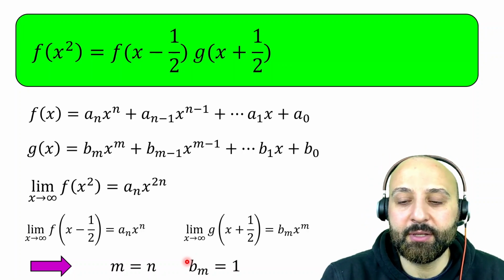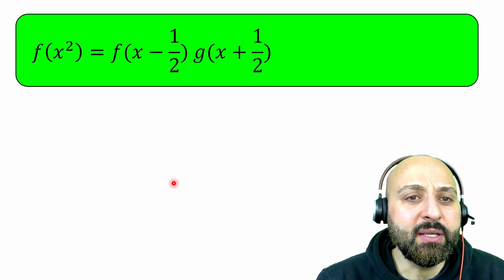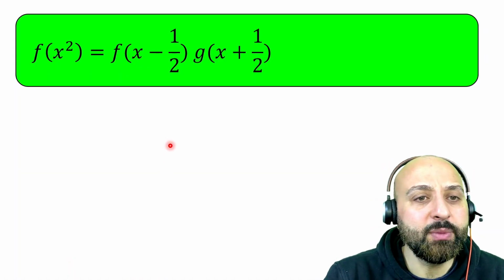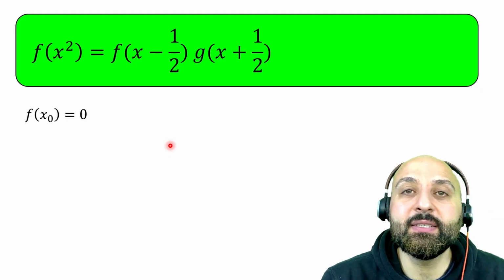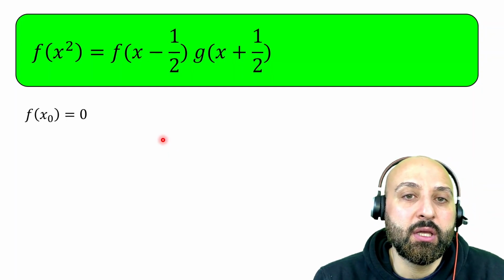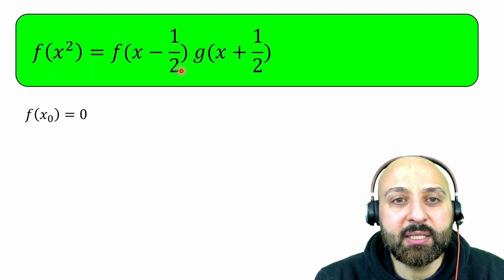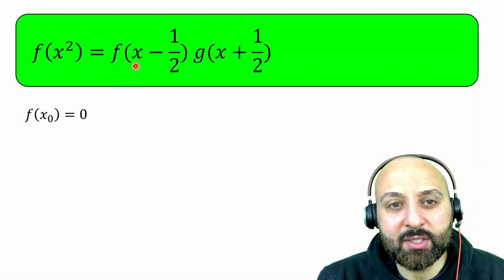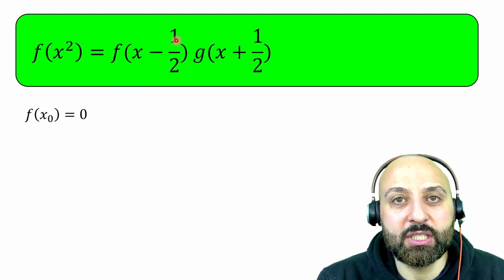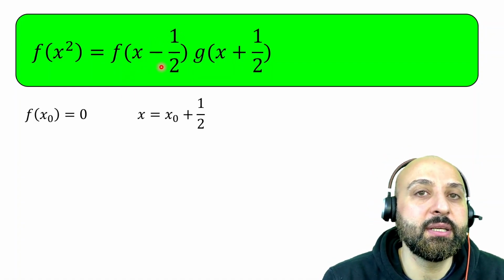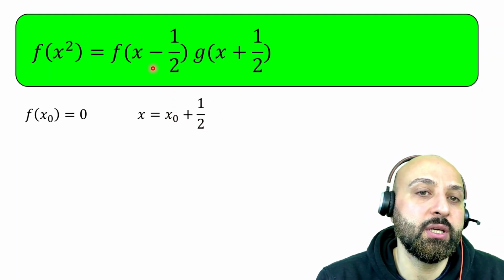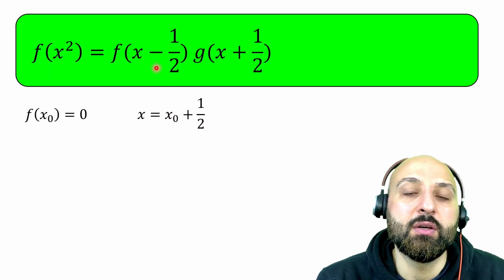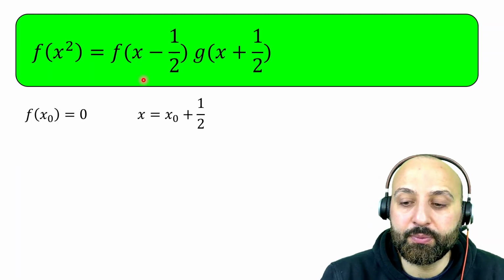We have to do something different. All right, so now what I did is that I assumed that f(x) has a root, and I call that root x0. So f(x0) is equal to 0. Now I'm going to create another x such that this side of the equation becomes 0. So obviously I can consider x is equal to x0 plus 1/2. If I plug this in, then we will have x0, which means this side will become 0.